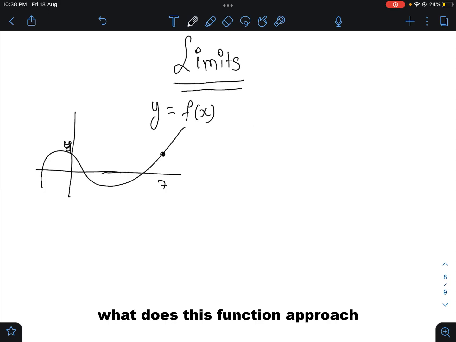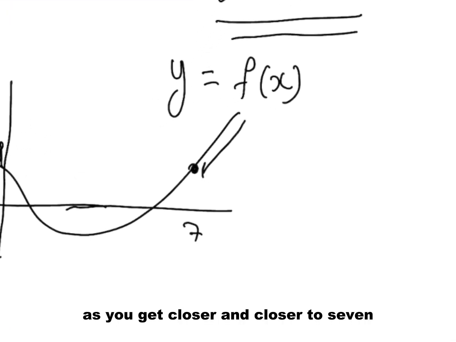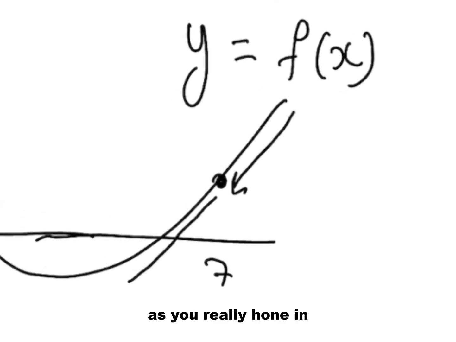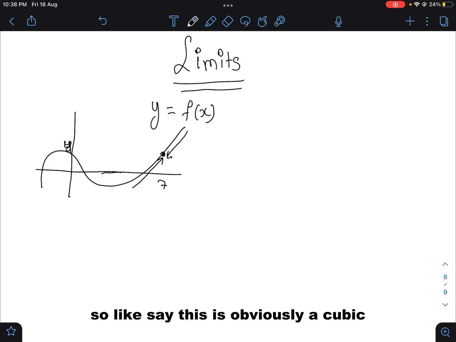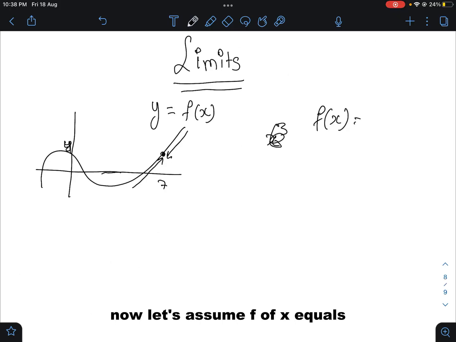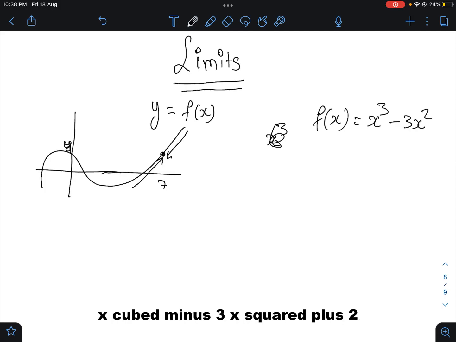What does this function approach as you get closer and closer to 7, as you really hone in? Say this is obviously a cubic. Now, let's assume f of x equals x cubed minus 3x squared plus 2, something like that. It's probably not it, but I just approximated it.